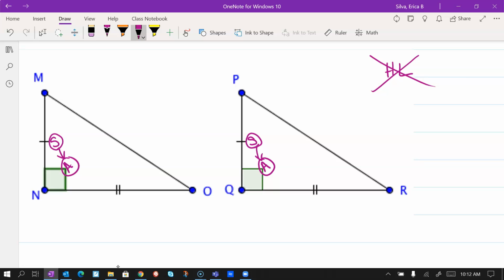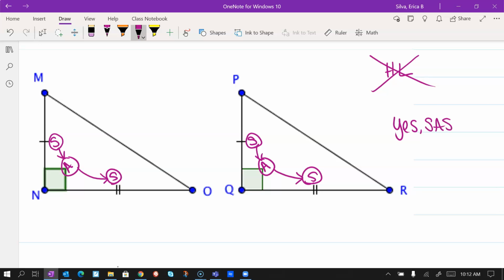And then the congruent side right next to it is this side, and it's congruent to this side. Now they're exactly the same in the exact same order. So can we say that these two triangles are congruent? Yes. We can say that they're congruent by the side-angle-side postulate.